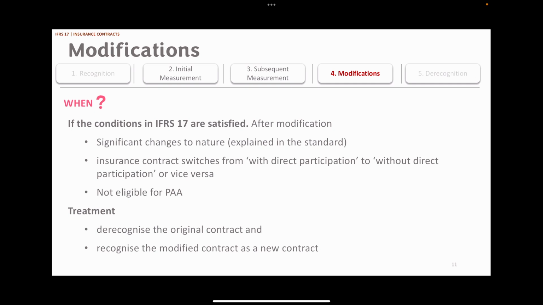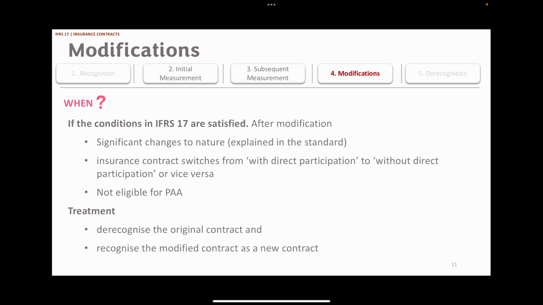It also says when a contract switches from with direct participation to without direct participation or vice versa, it is treated as a modification to the contract. Also, if a contract that is following a premium allocation approach does not qualify for the same approach after modifications, then that type of change is also treated as a modification to the insurance contract.